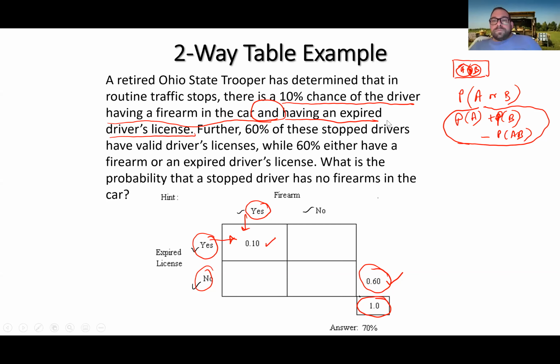Now that we have captured the 10 and the 60 here, let's look at what all we can fill in before we look at that final aspect of probability of A or B. Knowing that the marginal value here is 0.6, can I compute the marginal value here, knowing nothing else?